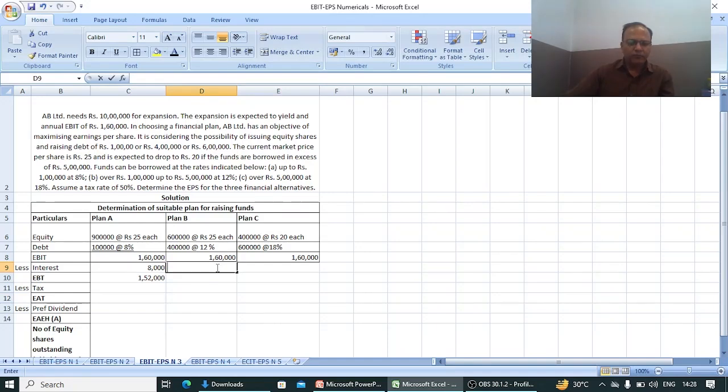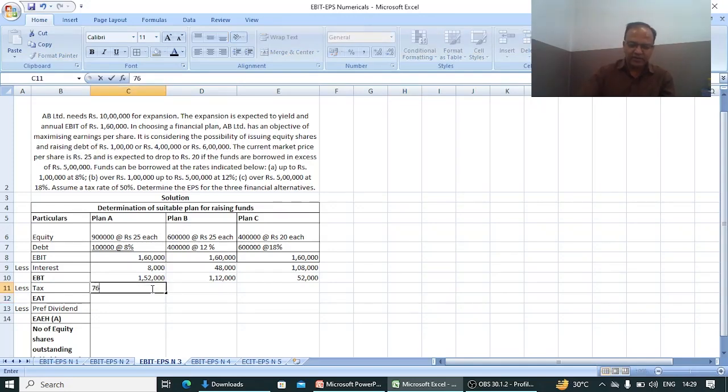Here 48,000. 1,12,000. Here 1,08,000. 52. Less tax. Rate of tax is 50%.